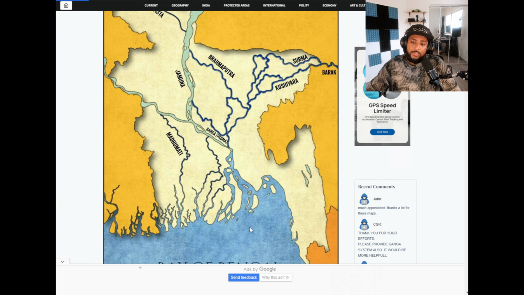However, since the land is not too high, this river water technically cannot just go to the sea. I'm not sure how much connection we have for this water to get to the sea. Even if we do have that much connection for this water to get out of the country and go toward the sea, it's kind of not possible because the sea level is also rising and coming in.